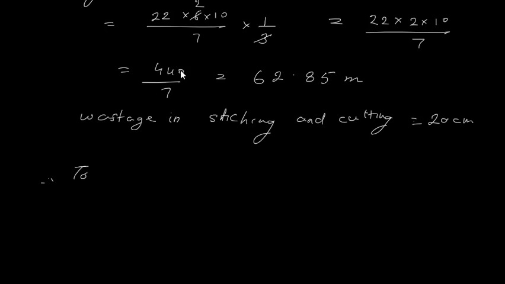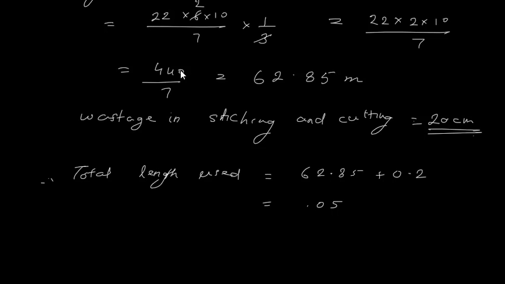Therefore, total length used is 62.85 plus 0.2. This I will convert in meter while using. As this 62.85 is in meter, I will get 5 plus 2 is 7, 8 plus 2 is 10, and then this is 63. So 63.05 meter is the total length used for making the tent.